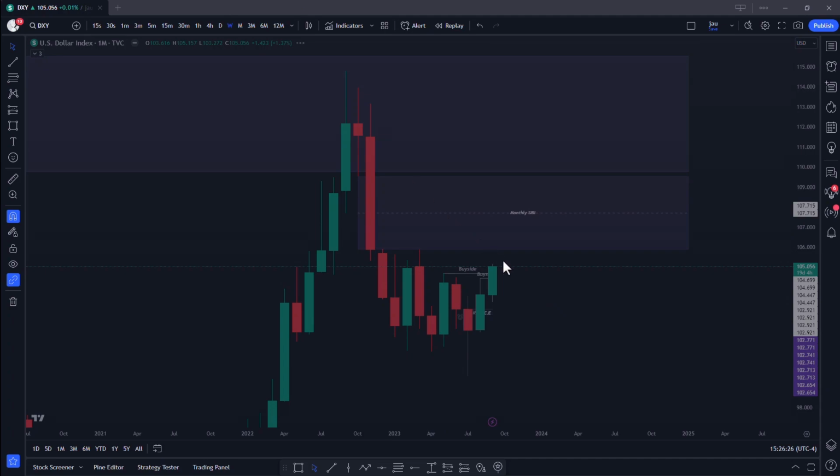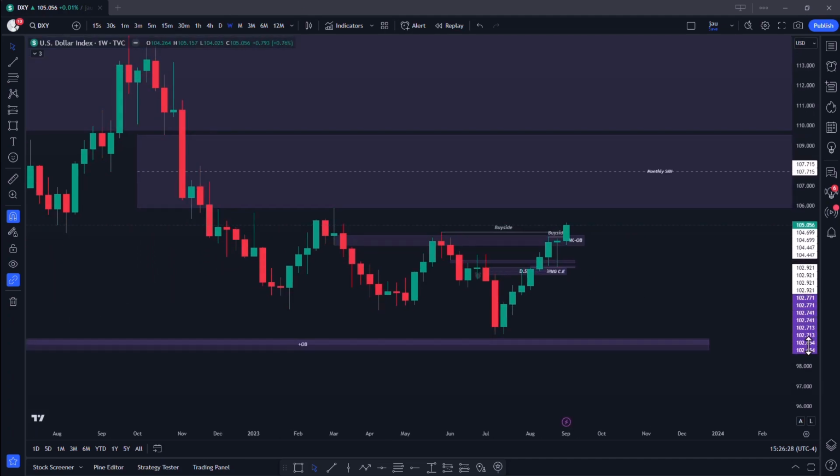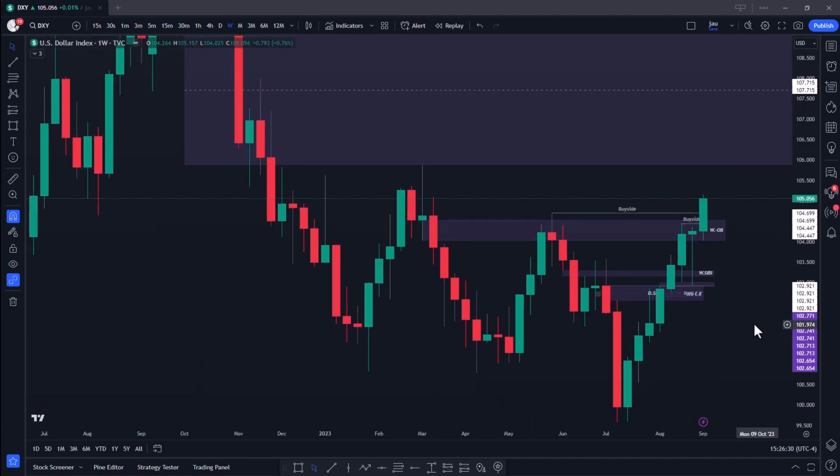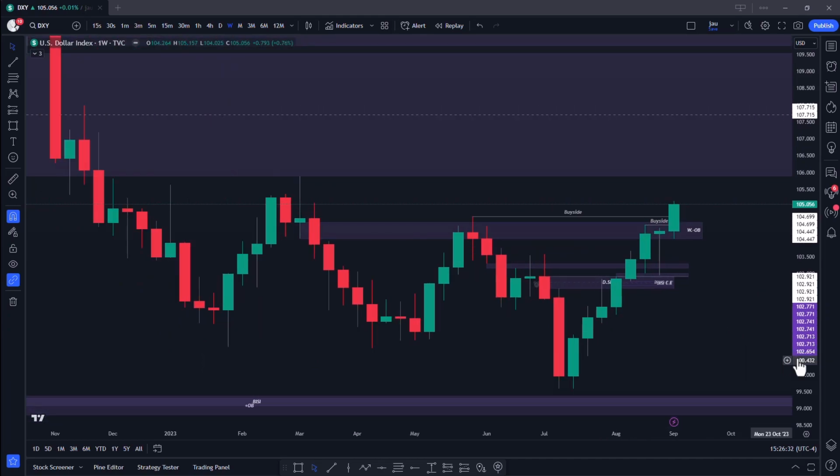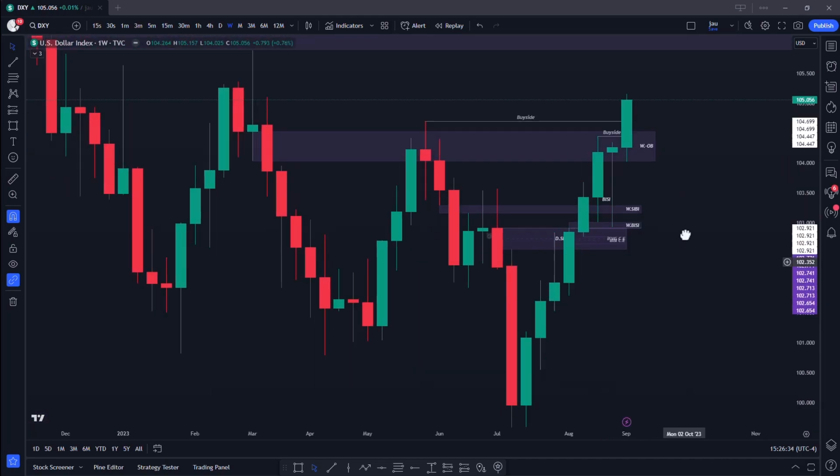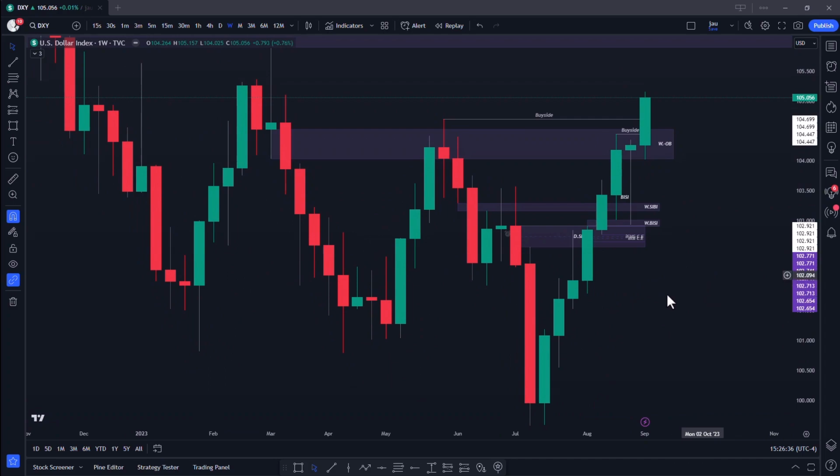Going to the weekly chart, the one chart I spend the most of my time on, and I recommend everybody spends the most of the time on, we can see that we've had so many consecutive bullish weeks from the 17th of July.